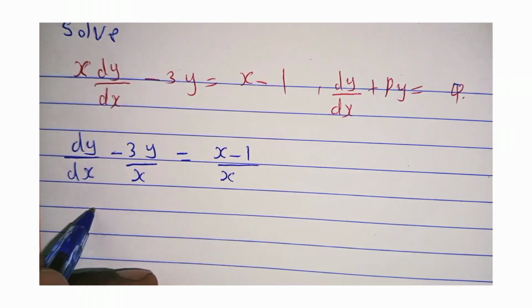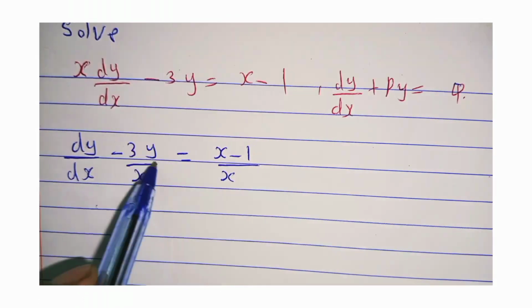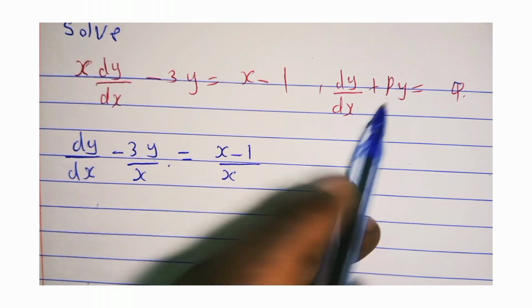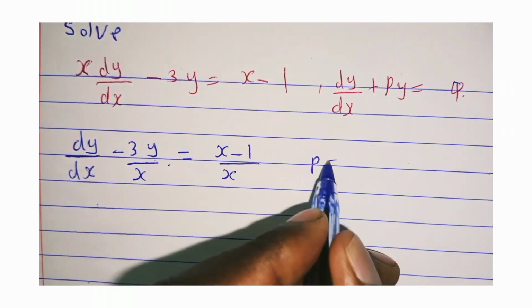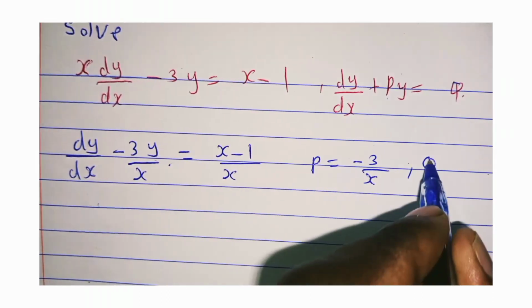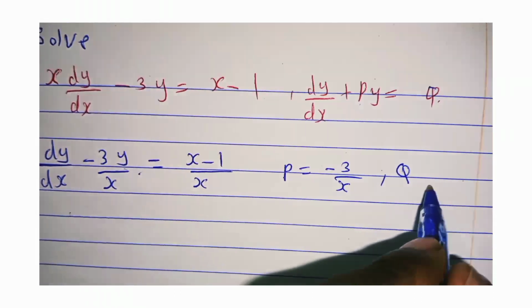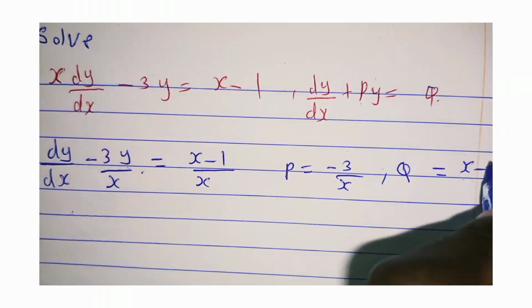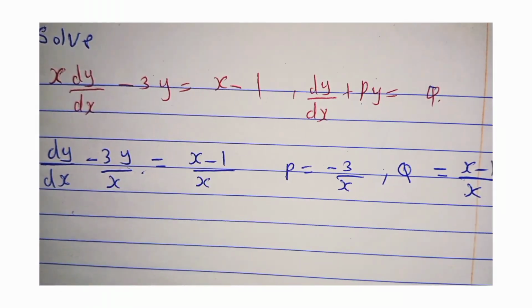When you compare this equation with the standard form, that tells you that our p is equal to negative 3 over x, and our q is equal to (x minus 1) divided by x.